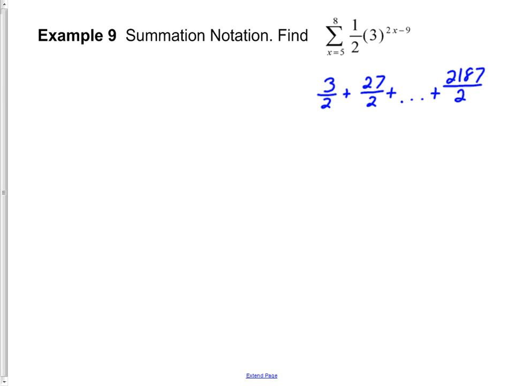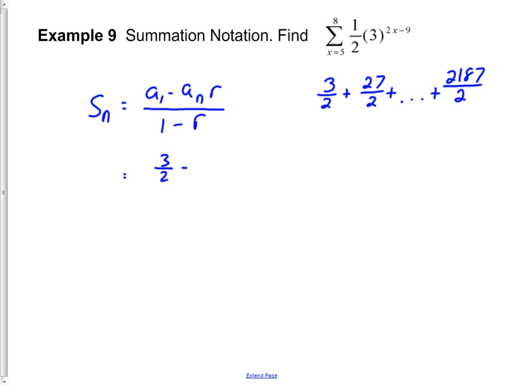So this should be enough information to go through and apply one of the formulas. Let's use S sub n equals a sub 1 minus a sub n r over 1 minus r. I should be able to find a sub 1 and a sub n. A sub 1 is 3/2.